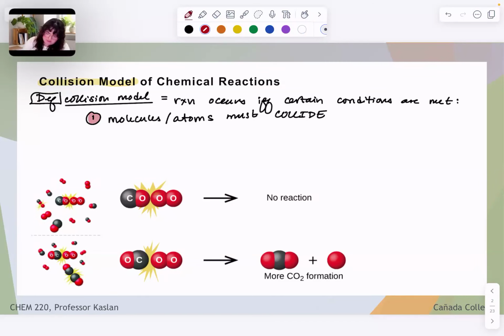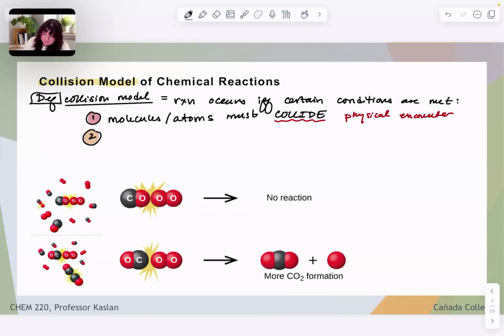So there has to be a physical encounter. And they don't just collide and then react. They have to have, like I said, a certain set of conditions. So molecules must collide. They have to encounter one another physically in space.